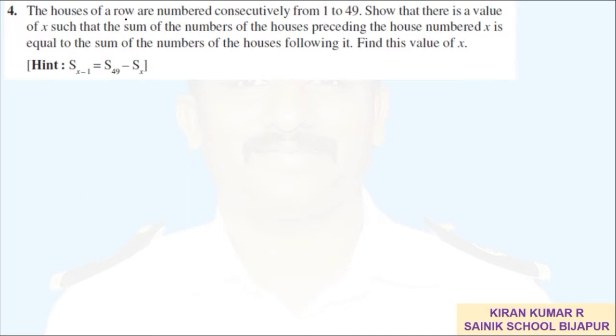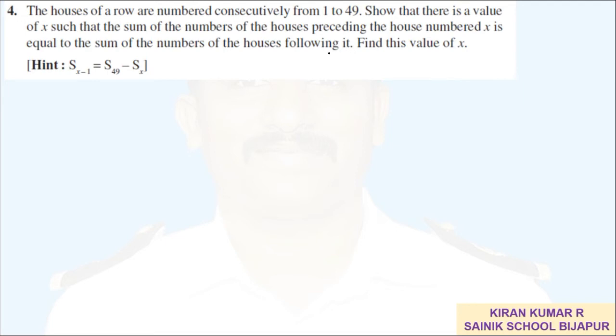Question number 4. The houses of a row are numbered consecutively from 1 to 49. Show that there is a value of x such that sum of the numbers of the houses preceding the house numbered x is equal to the sum of the numbers of the houses following it.